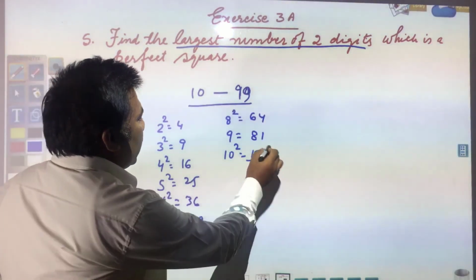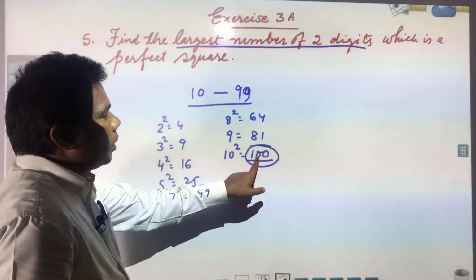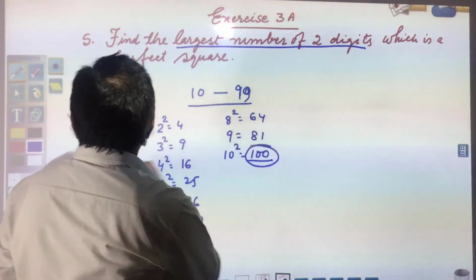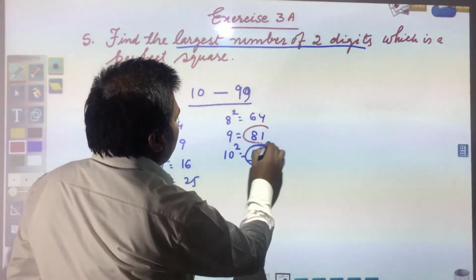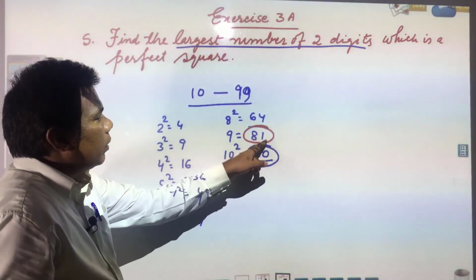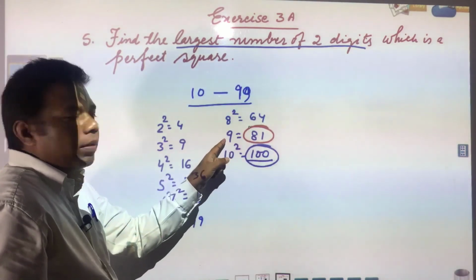So 100 is a 3 digit number. Just before 100 you are getting 81 and that is a perfect square of 9.